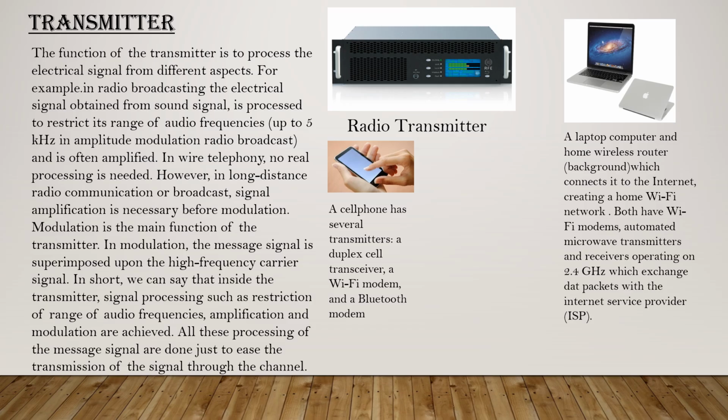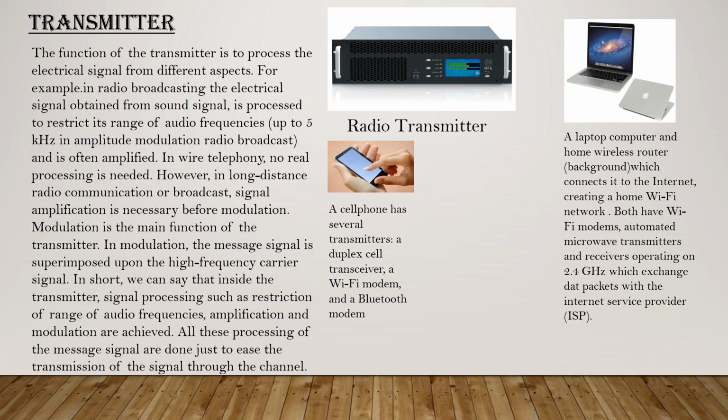In wired telephony, no real processing is needed. However, in long distance radio communication or broadcast, signal amplification is necessary before modulation. Modulation is the main function of the transmitter. In modulation, the message signal is superimposed upon the higher frequency carrier signal.